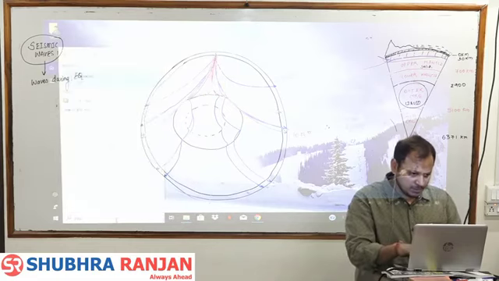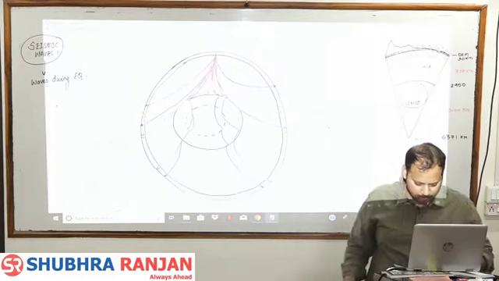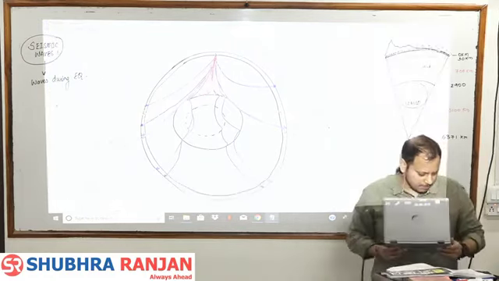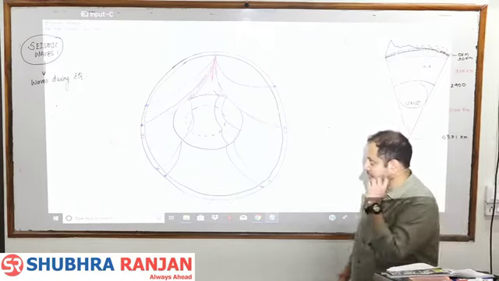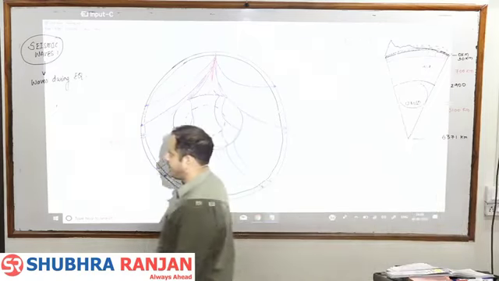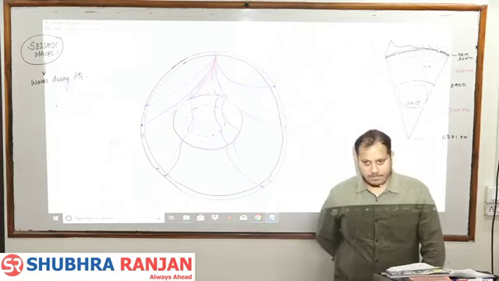The body waves are further divided into P waves and S waves.